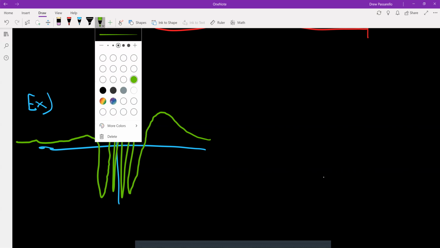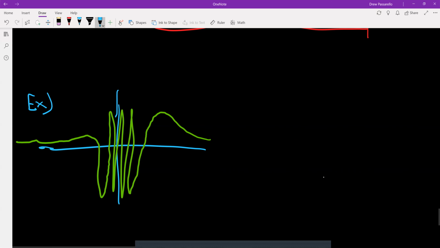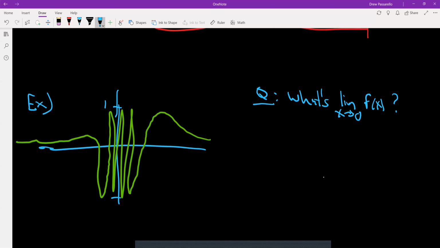And then I want to know what's the limit of f of x as it goes to 0. And let's see, in this oscillation, the peaks occur at 1 and -1.